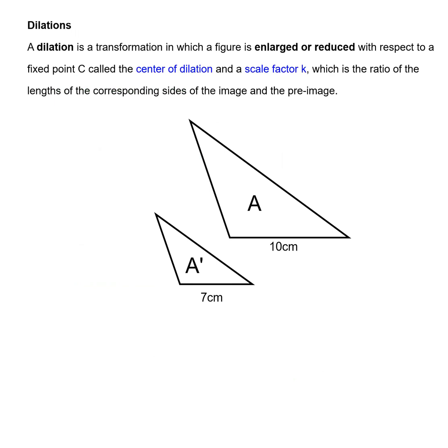Now, a dilation is a transformation in which the figure is enlarged or reduced with respect to a fixed point C. So that fixed point C is called the center of dilation. And I want to address the center of dilation first. The way we can find the center of dilation is if we connect the corresponding vertices to each other and extend the lines.